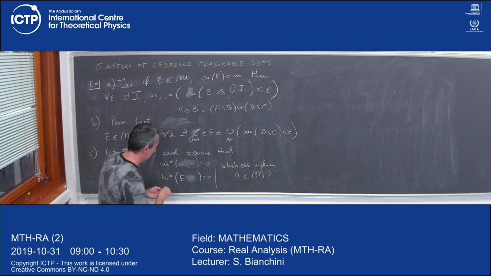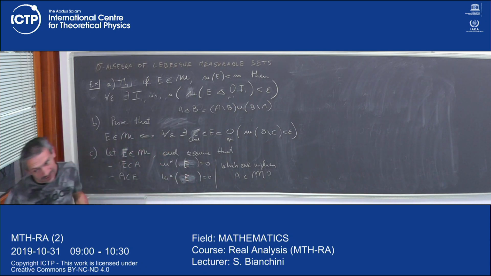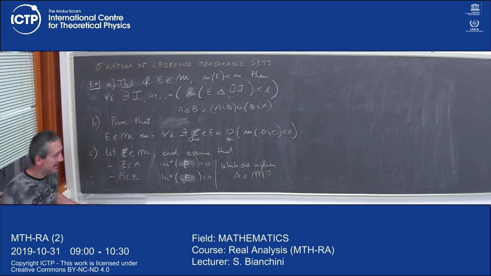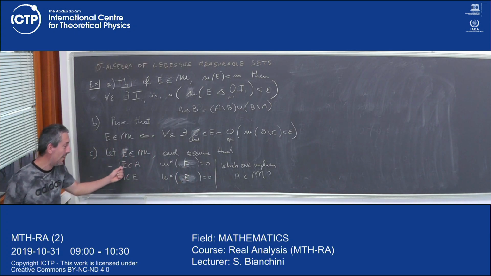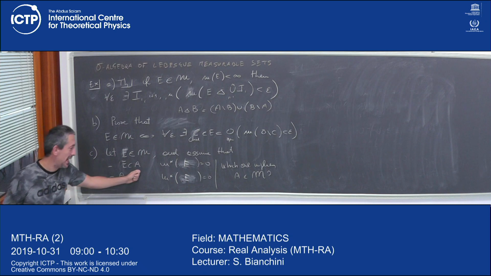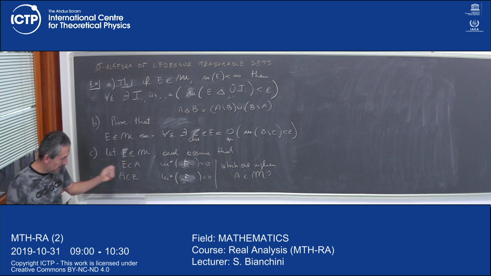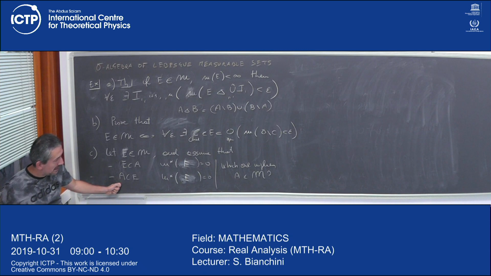Because then it's clearly true, because a set of measure 0 added to A or E, or subtracted from A, is still measurable. This is the theorem. So which one of the two implies it? I'm sorry. The second, the measure of A is equal to 0, implies that it is measurable or nothing.